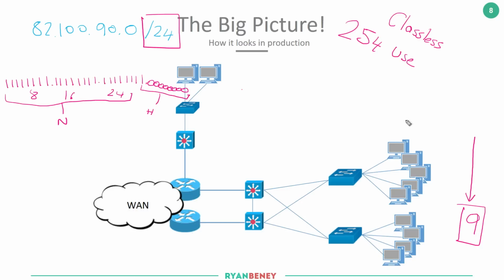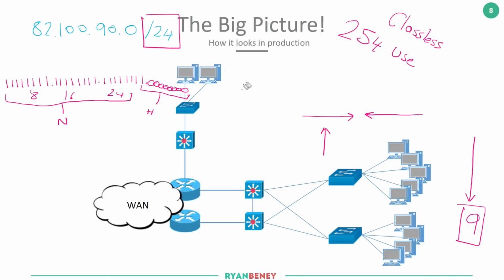Now, if we're trying to subnet based on host requirements, we go from right to left. And if we're subnetting based on network requirements, we go from left to right. In this case, because we're doing network, we're going to use left to right.